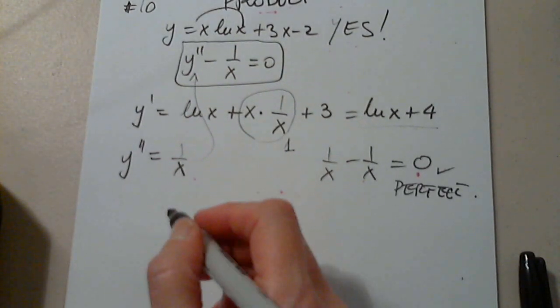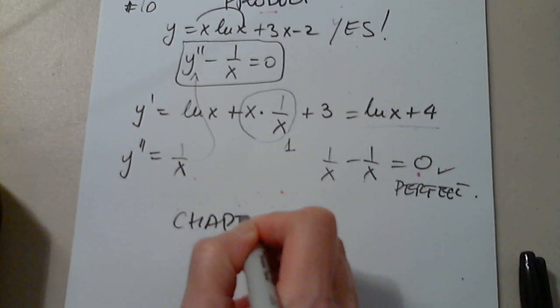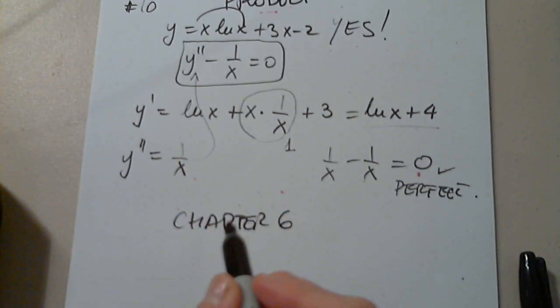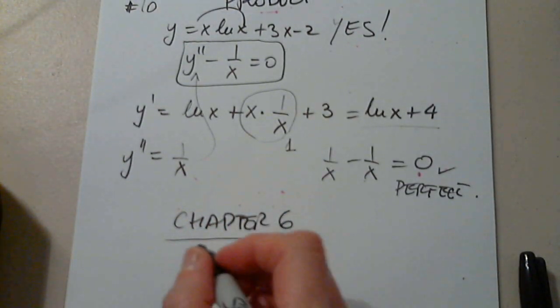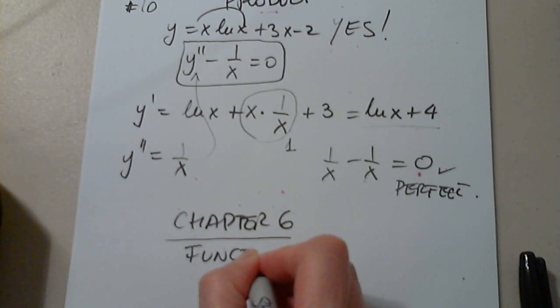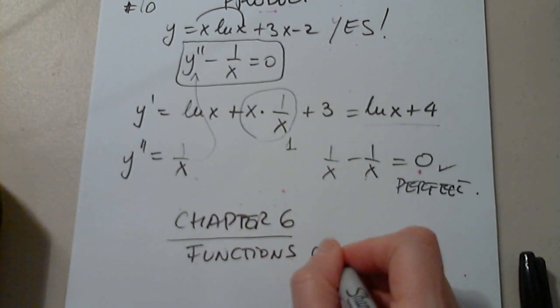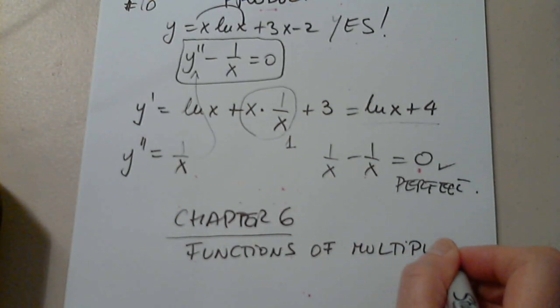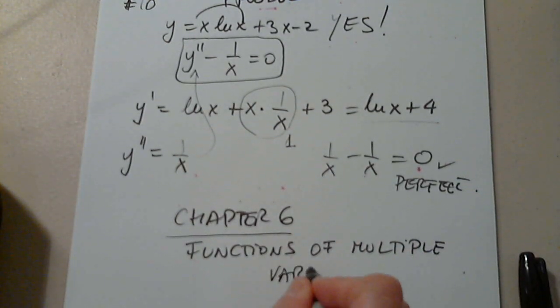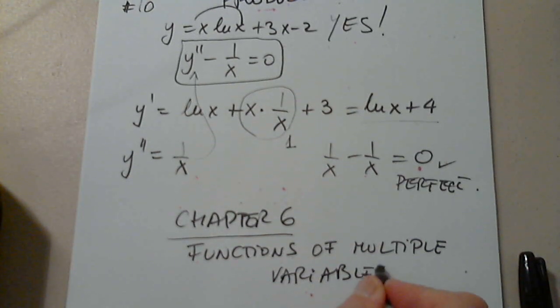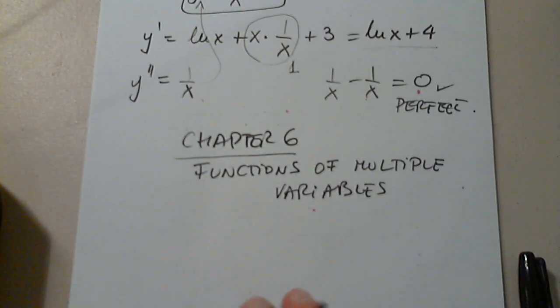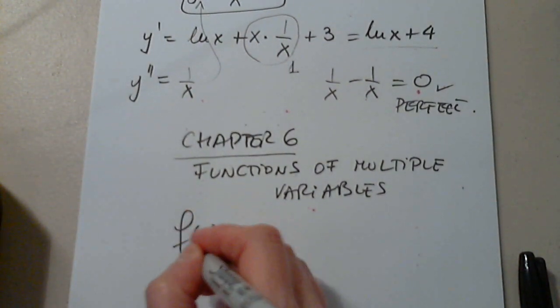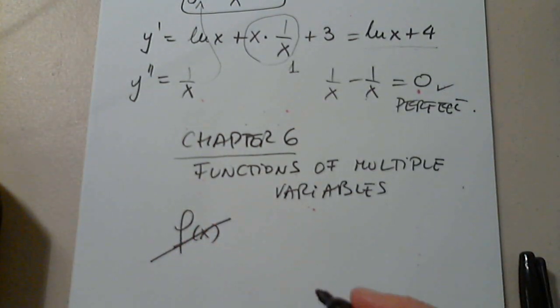Okay, in that case, let's go back to chapter 6. Chapter 6 deals with functions of multiple variables. In other words, we are no longer talking about f of x. We're done with that for now.